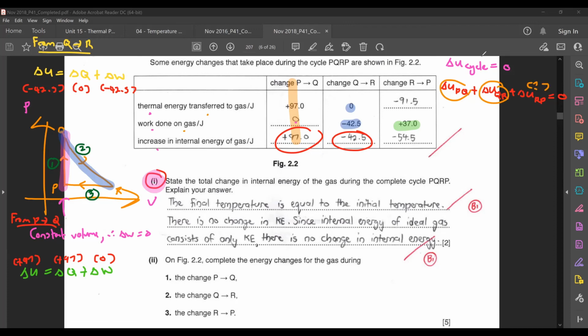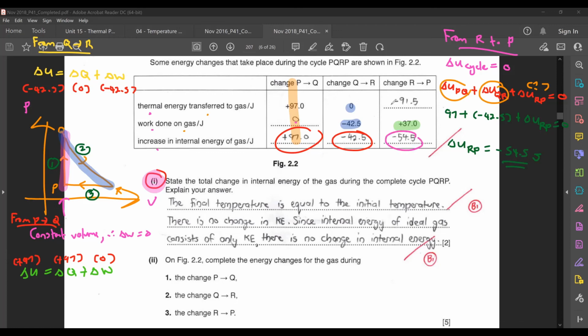Internal energy change from P to Q is 97. So it's 97 plus negative 42.5 plus delta U_RP equals 0. So the change in internal energy from R to P is going to be negative 54.5 joules.